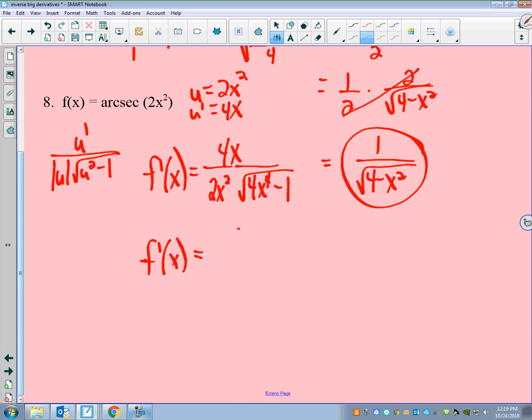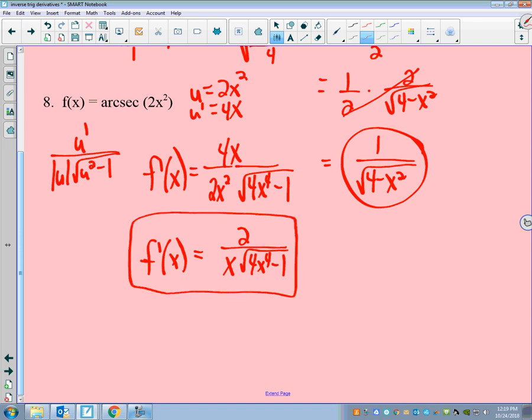Oh wait, this 2 wouldn't be here anymore, right? It would just be 2 over x times the square root of 4x to the 4th minus 1. And this could be negative, and so we're not going to put the absolute value bars back around that because this could be negative on top, not negative on the bottom. So this would be my simplified answer.